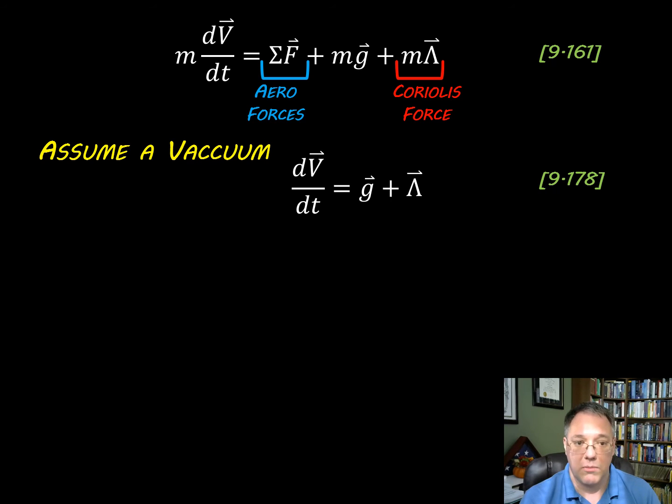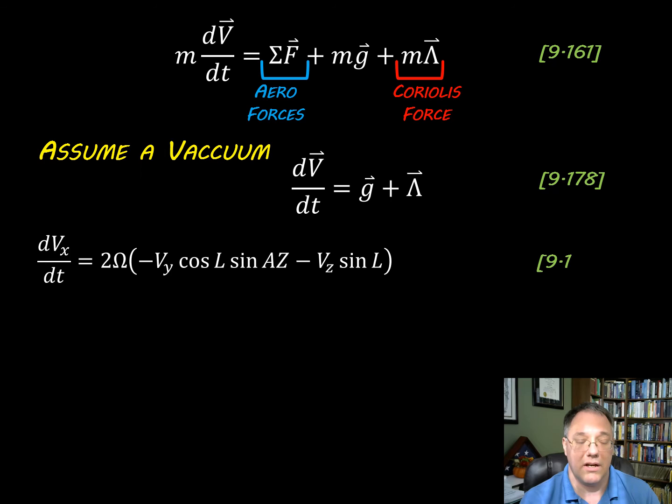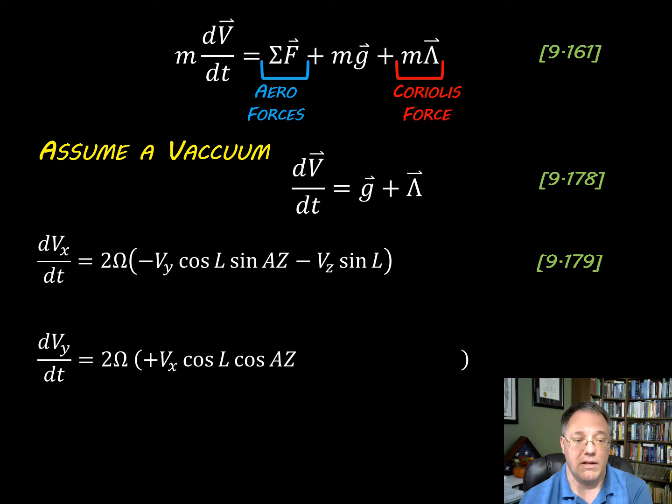So if we start with that assumption in a vacuum, and we want to calculate these accelerations in the 3 component directions, we can substitute in for that lambda there. So in the x direction, our change in velocity with respect to time in x is equal to, this is equation 9.179. If we do this in the y direction, we get 9.180.